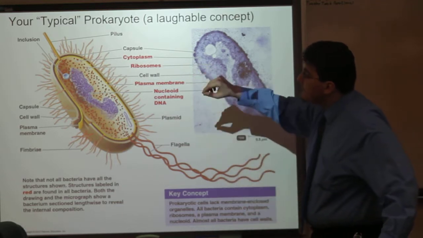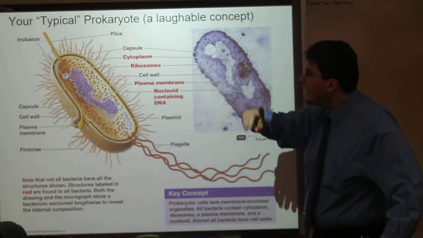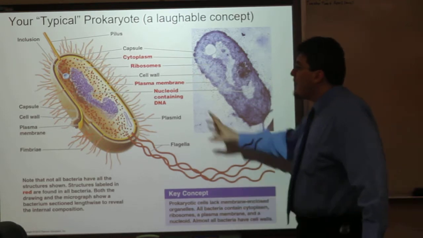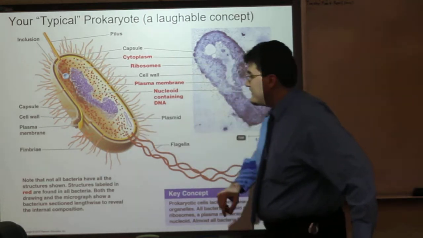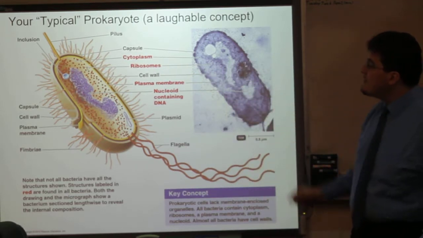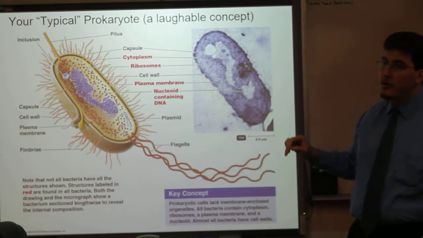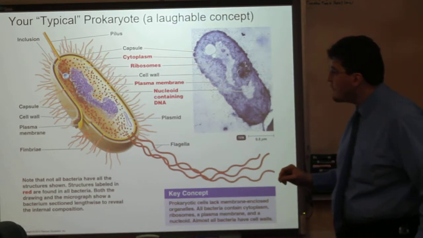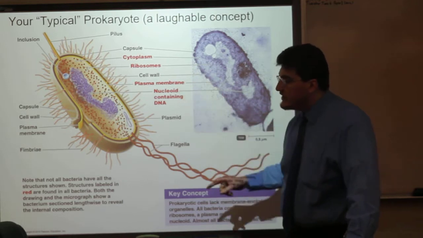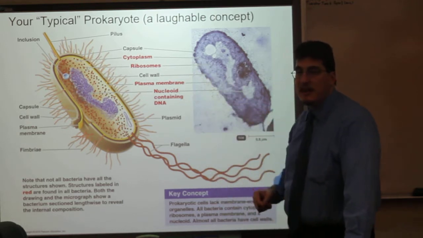Once again, about those ribosomes, there are 70S ribosomes. I think we covered that. We did cover that, yes. All right. Now, other things you might find. Plasmids. Plasmids are circular strips of DNA. They are separate from the nucleoid region, the main DNA circle. And by the way, the nucleoid region is circular, naked DNA.